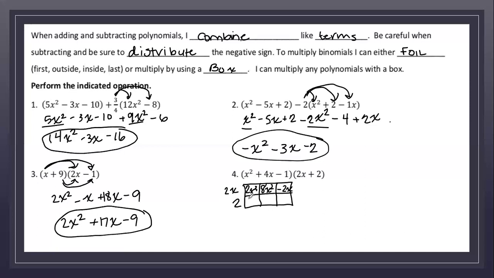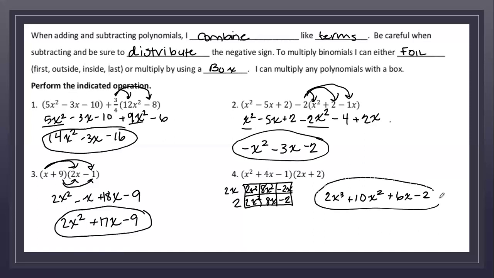And 2 times x squared is 2x squared. 2 times 4x is 8x. And 2 times negative 1 is negative 2. Now I'm going to combine like terms. I have 2x cubed. 8x squared plus 2x squared is 10x squared. 8x minus 2x is positive 6x and minus 2. And that is your answer.